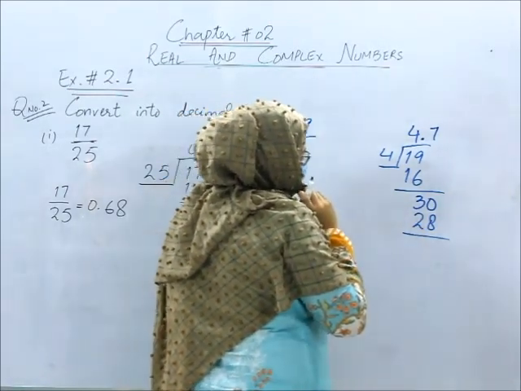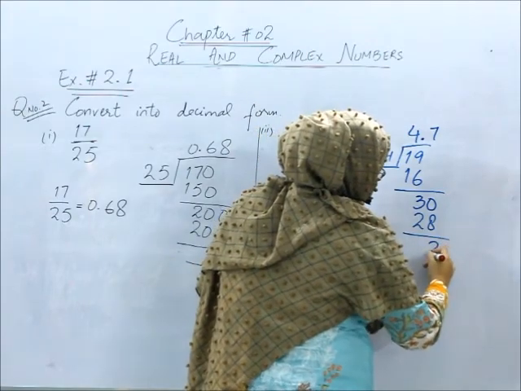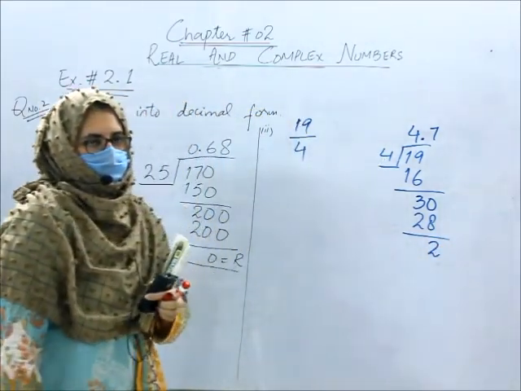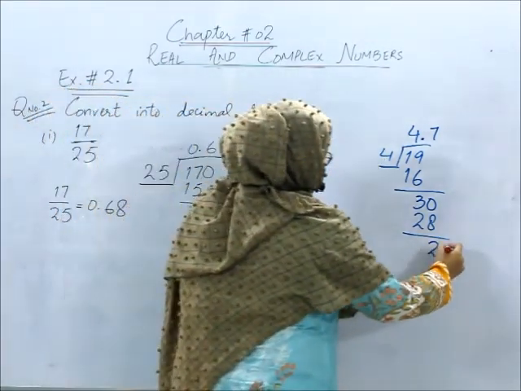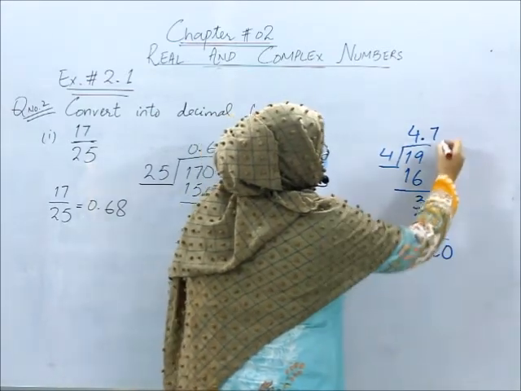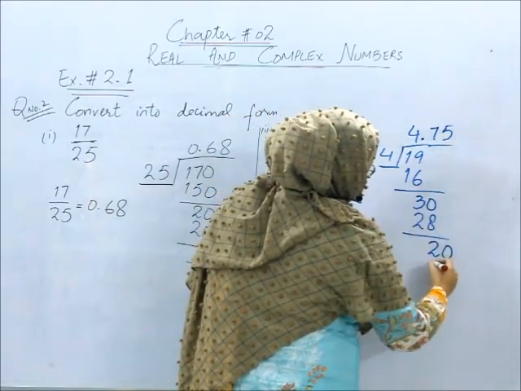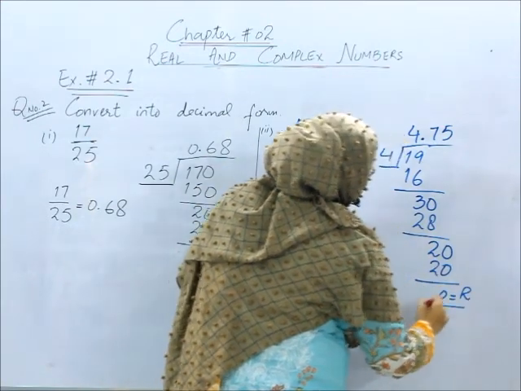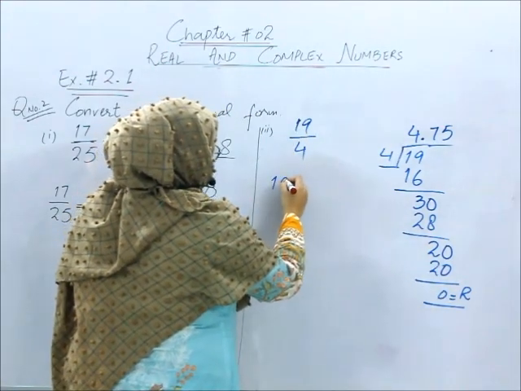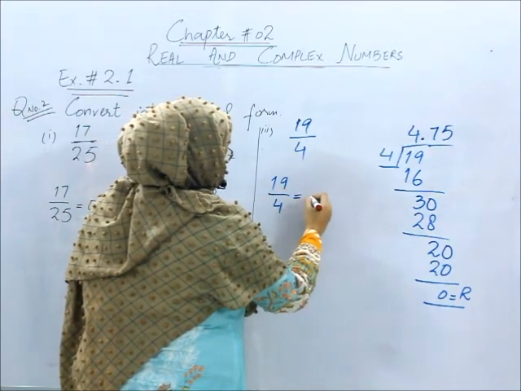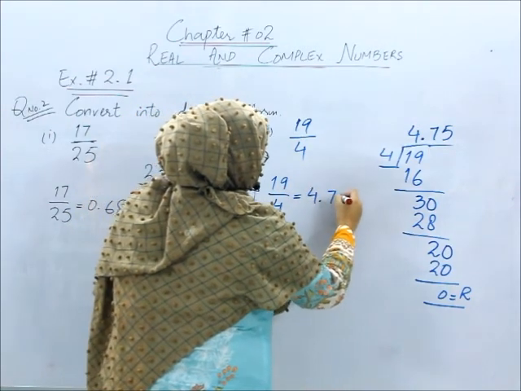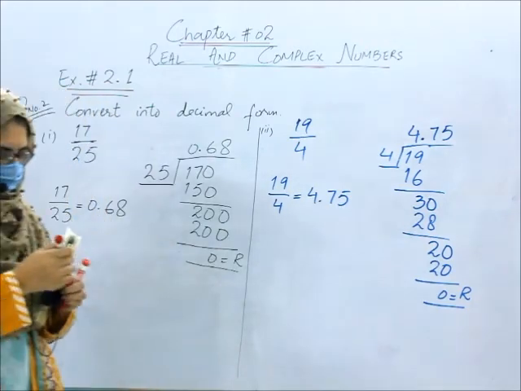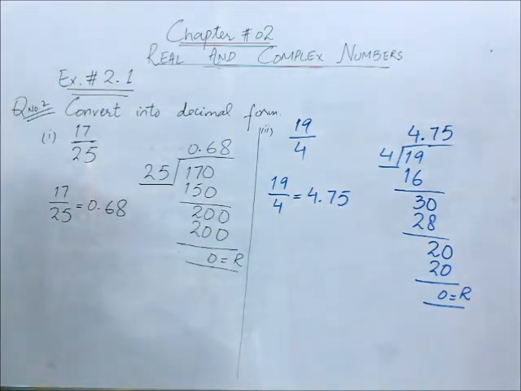Fine. So here our remainder would be 2. Now we will introduce another 0, and 4 into 5 will give you 20. So 19 by 4 when converted into the decimal form will give you 4.75. Right? Now students, you will do the remaining parts by yourself on the similar pattern.